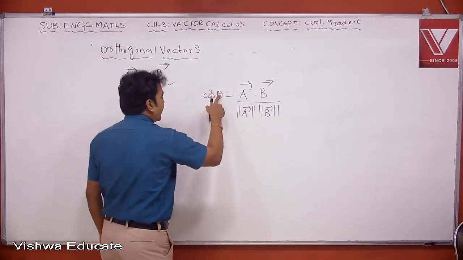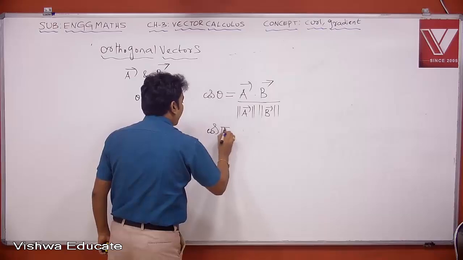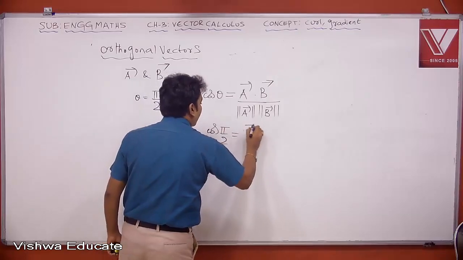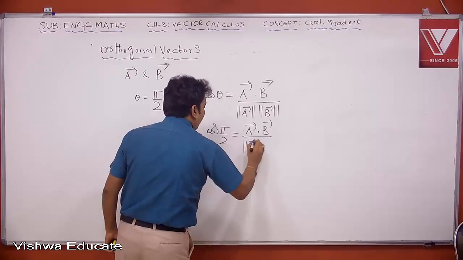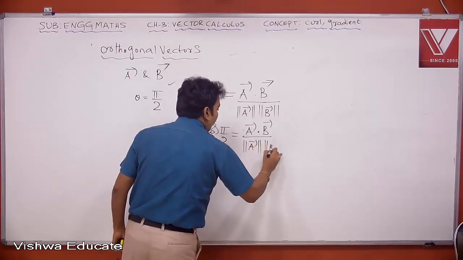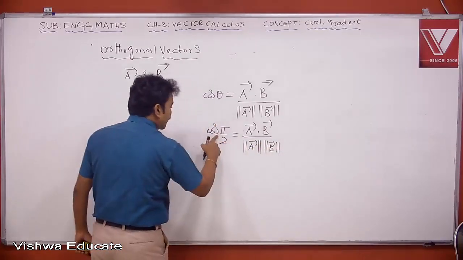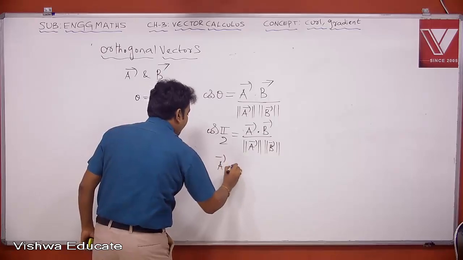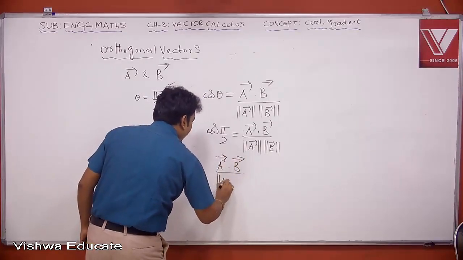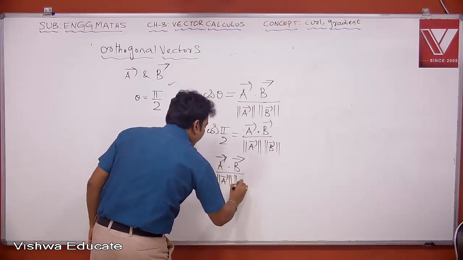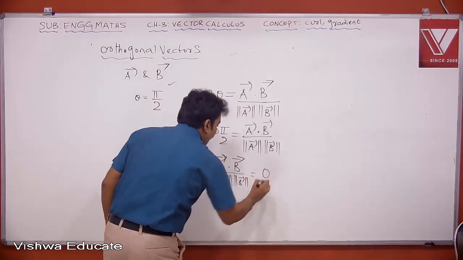So when theta is 90 degrees, my expression becomes cos pi by 2 equal to a bar dot b bar divided by norm a bar times norm b bar. Now this is 0. Therefore I can write a bar dot b bar divided by norm a bar times norm b bar equal to 0.